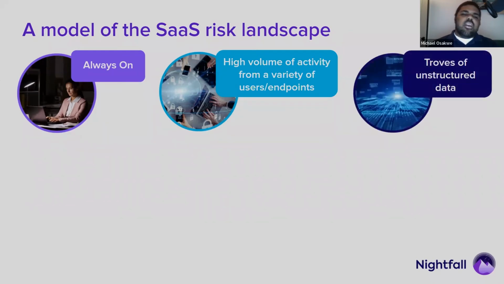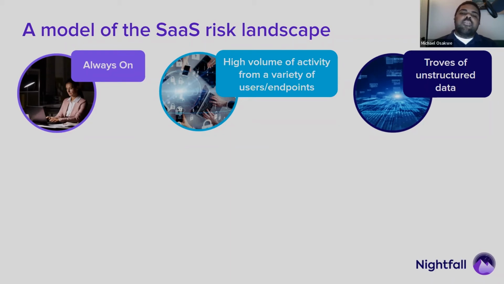And then finally, these systems are designed to support the storage of and sharing of large troves of unstructured data. And this data could be very difficult to quickly parse or to track. Every user could be contributing data in a different format. So if you take a system like Slack, you could have file attachments that are videos, you could have file attachments that are images, code snippets, you name it.